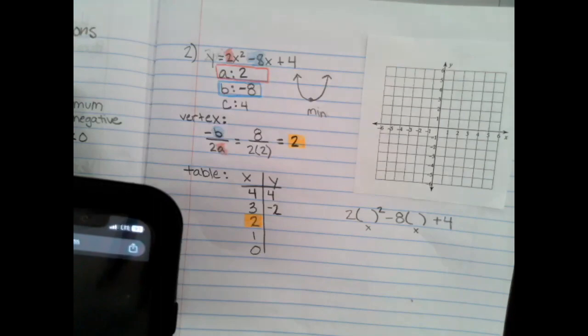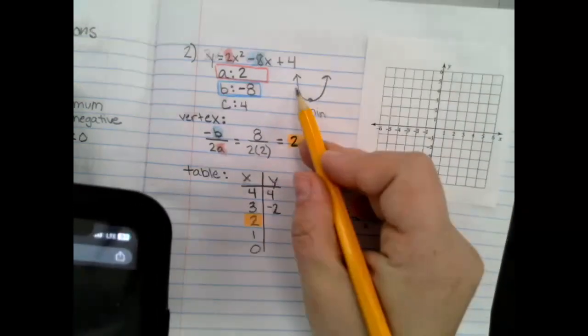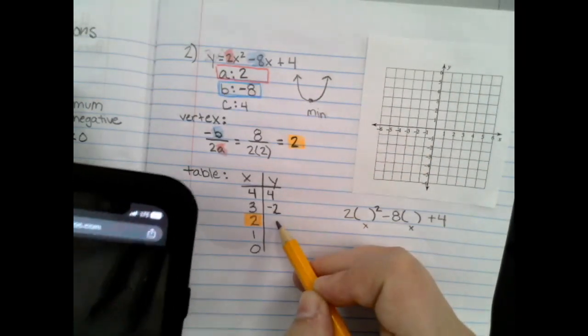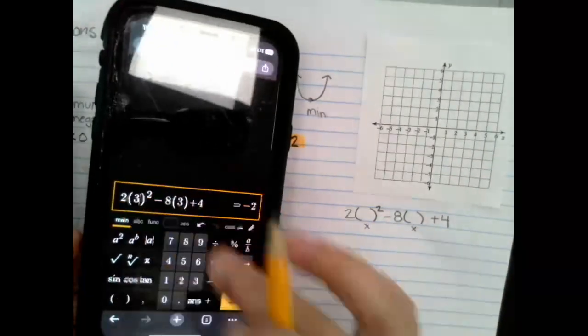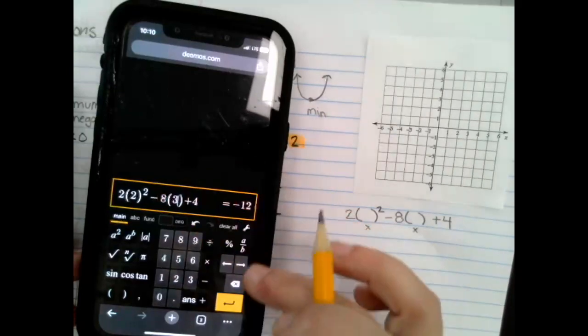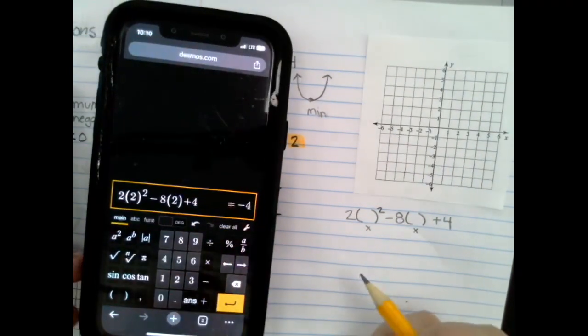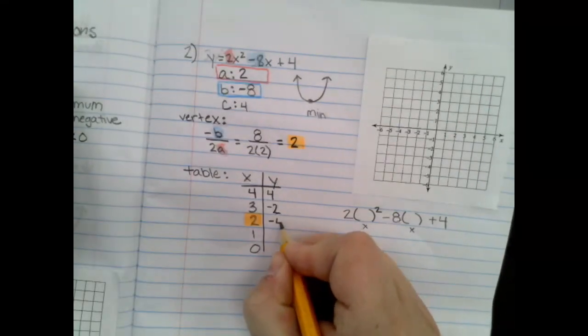So did it go down? Good. Double check, we're going to our minimum now. So to go to the minimum, is it going to be going down or up? Down. So we're going to put in 2, delete the 3's, make sure we do both. We get -4, so did it continue to go down? Yep.